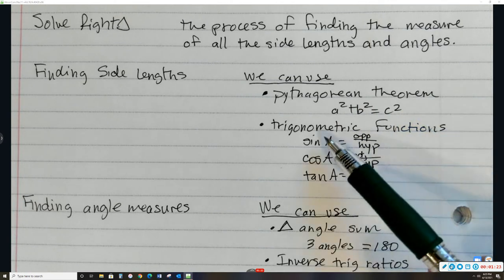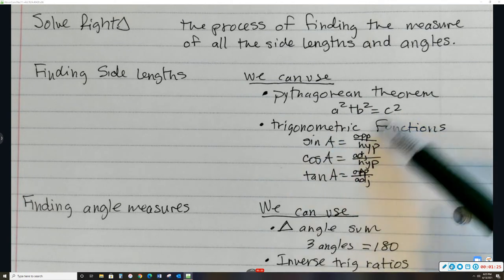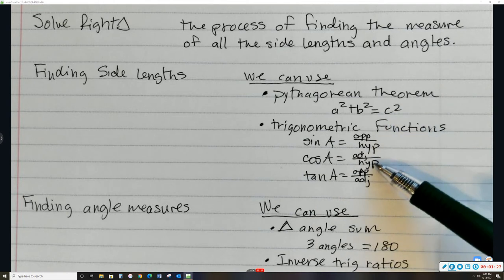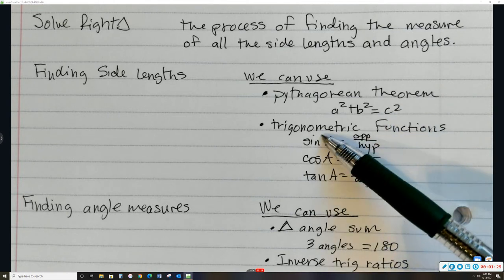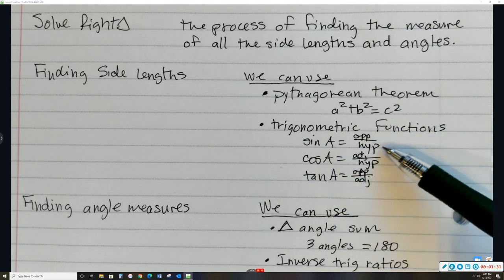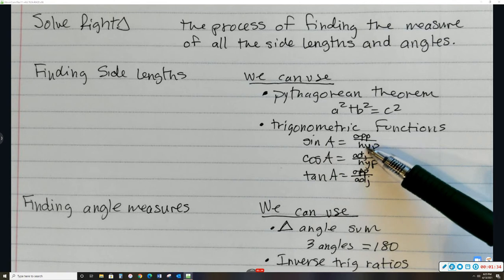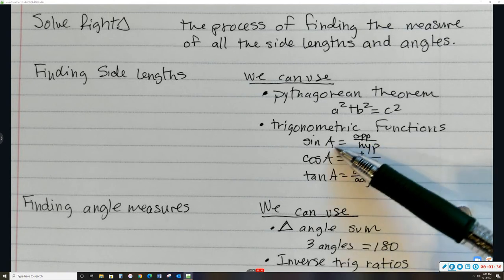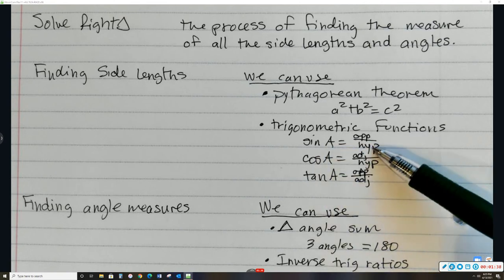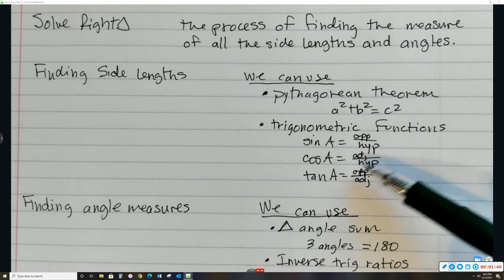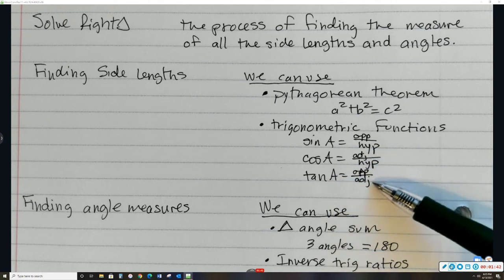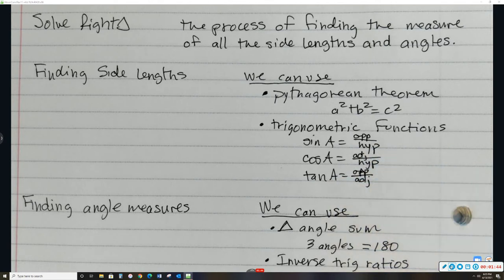We can also use our trig functions to find missing side lengths. Quickly remember, sine of A is opposite over hypotenuse, cosine is adjacent over hypotenuse, and tangent is opposite over adjacent.